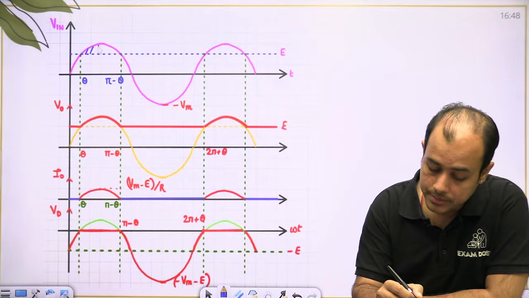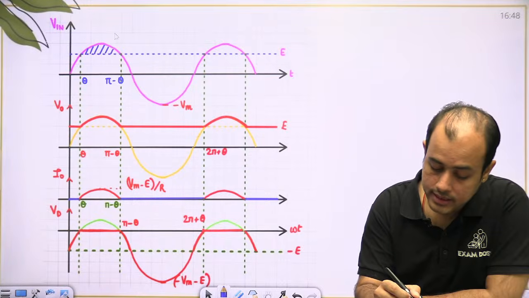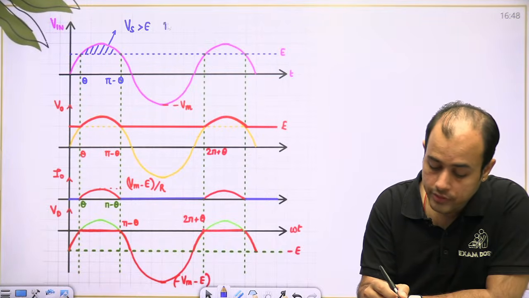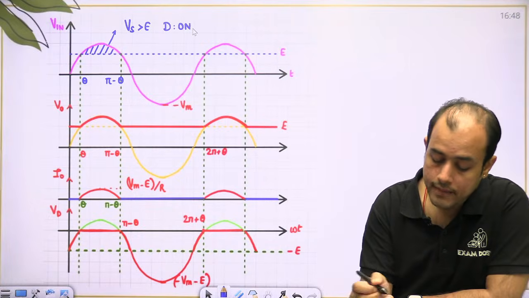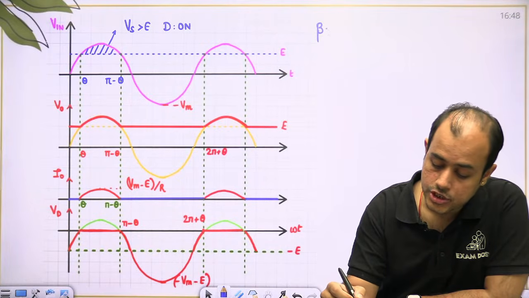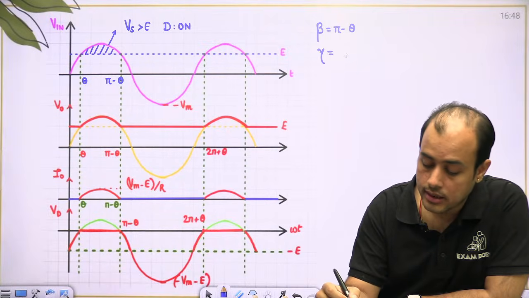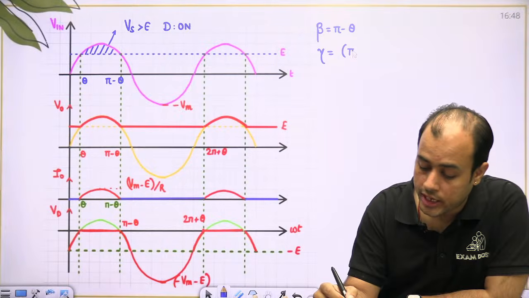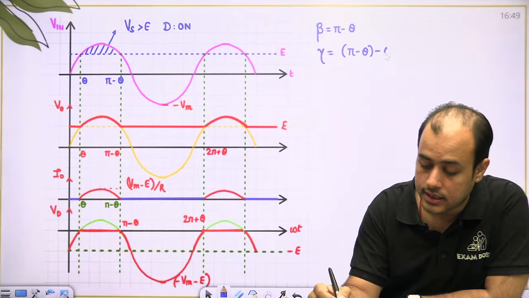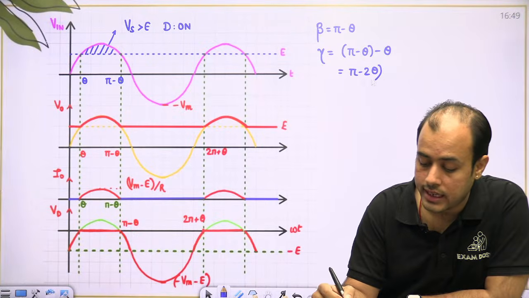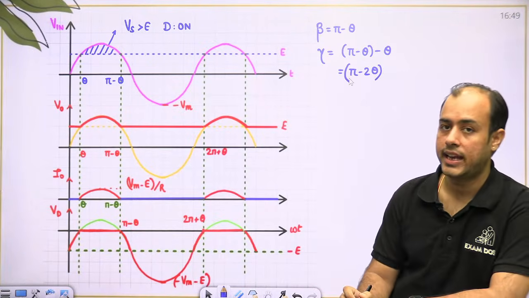So in this region, supply is more than E, so the diode will be on. So you can say the extinction angle will be pi minus theta. Conduction angle is the duration for which the device conducts, that is final minus initial. Final angle minus initial angle.